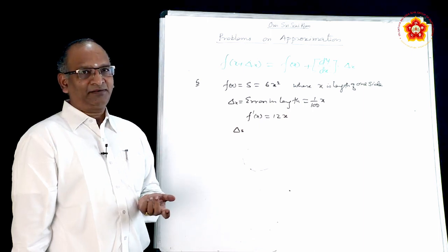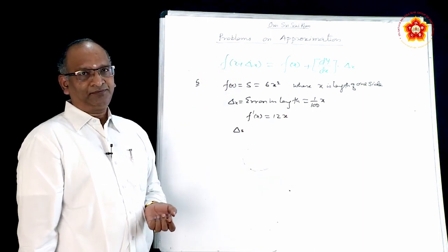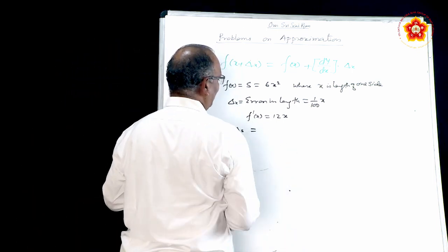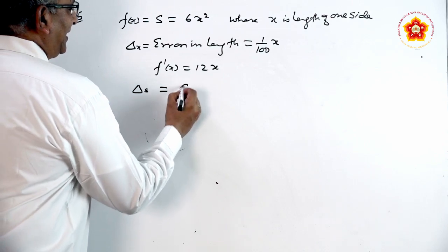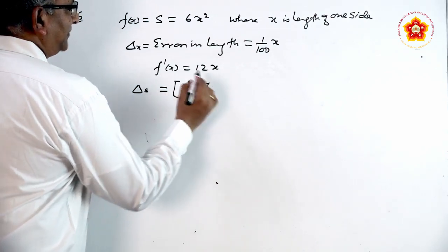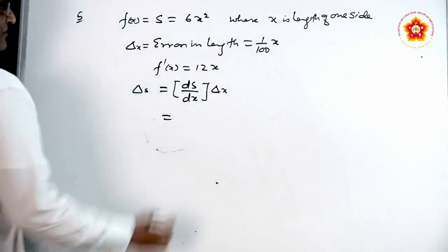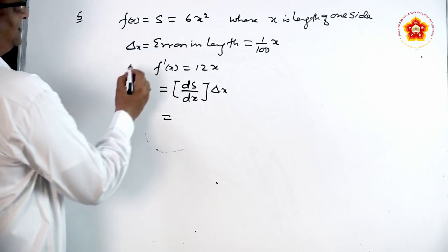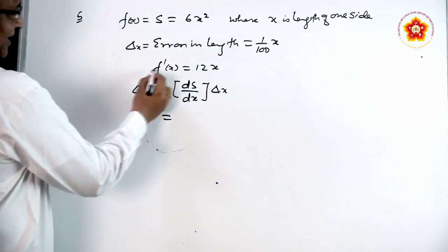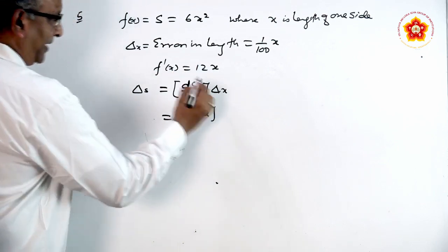How do you find it? Very simple. You don't even need to apply the formula. We can say that delta S is equal to dS by dx into delta x. What is dS by dx? We have already found out f dash x. S is 6x squared, sorry, f dash x is 12x. So 12x into delta x.